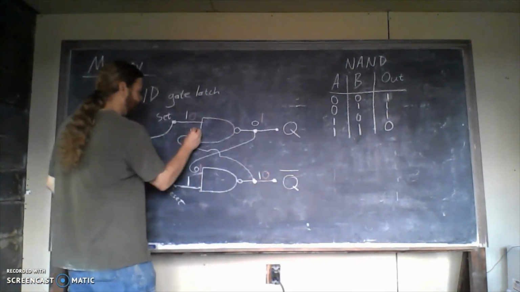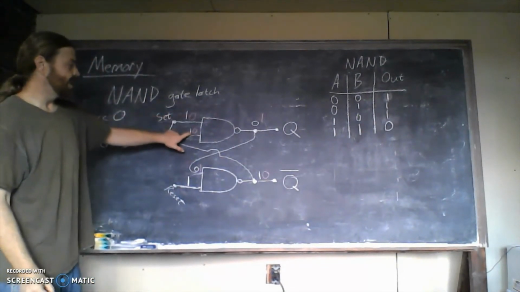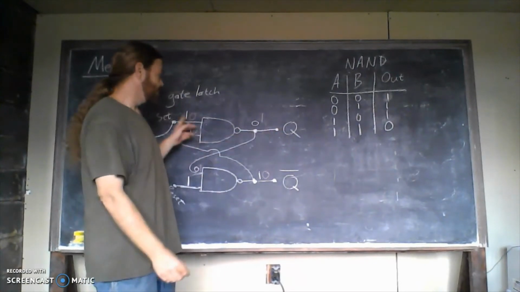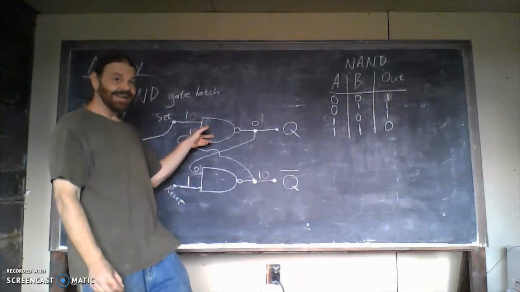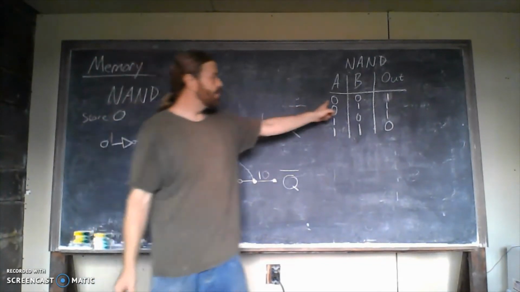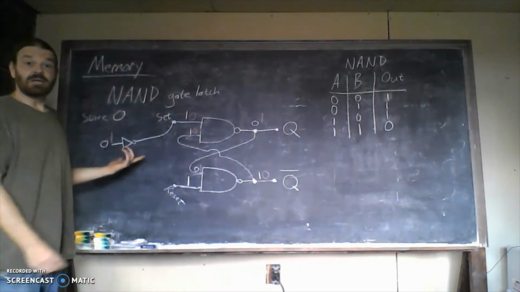The feedback from that comes up here, and we have 0, 0 going into the NAND gate that corresponds to the stored bit. From our truth table, we can see 0, 0 gives a 1. And that's all our options, right?